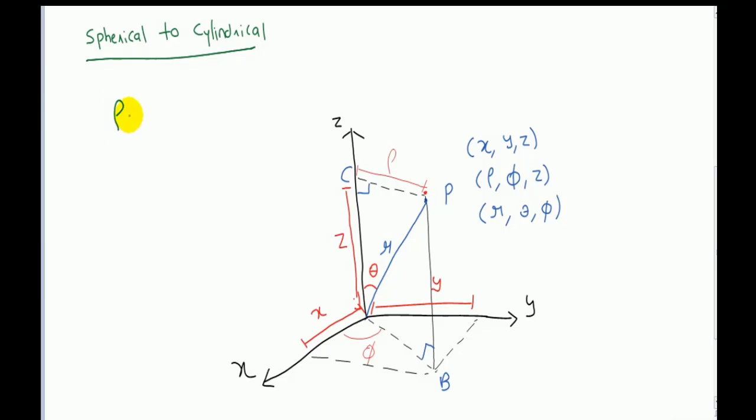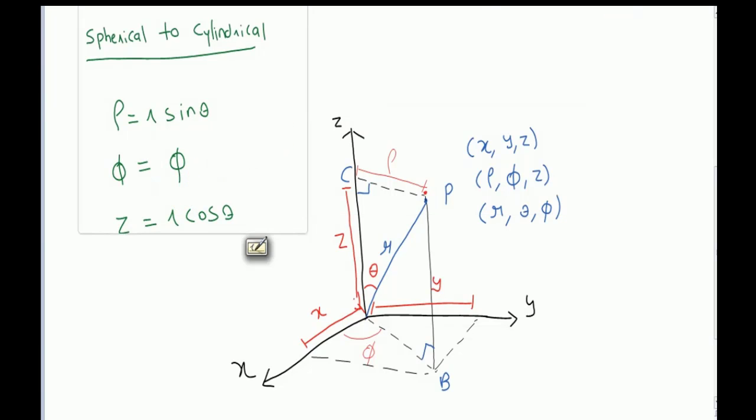So rho is equal to r sine theta, and phi equals phi, and z will be, if I project this line OP on the z axis, r cos theta. So this is how we can relate rho, phi and z in terms of the spherical coordinates r, theta and phi.